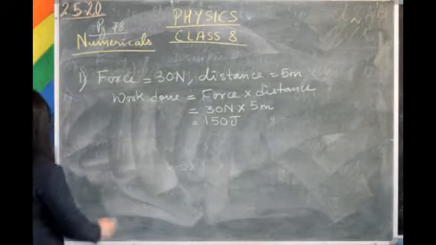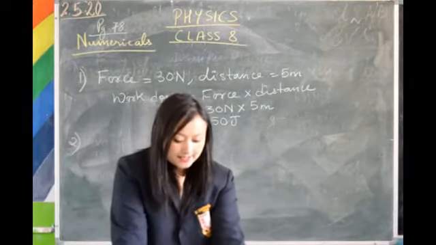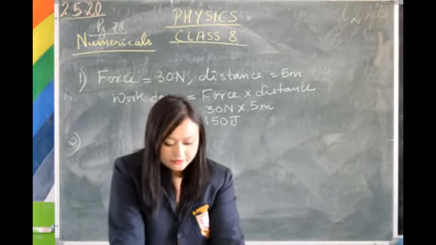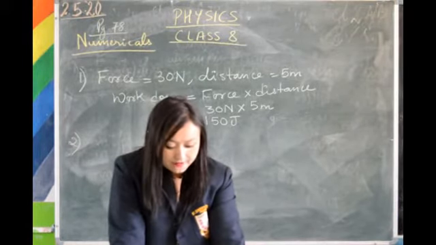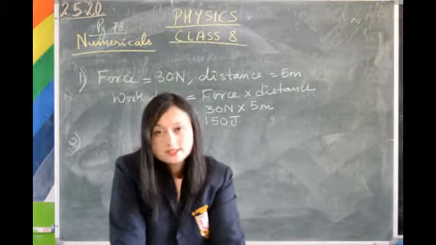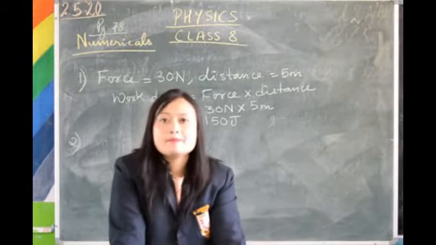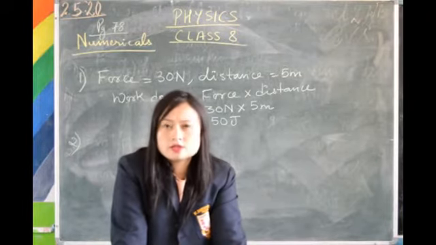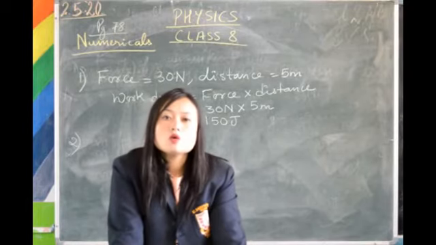Number 2. Okay, number 2. A man lifts a mass of 20 kg to a height of 2.5 meter. Assuming that the force of gravity on 1 kg mass is 10 Newton, find the work done by the man. Now here in question number 2, force is not given. Okay, we have to calculate the force before we calculate the work done.